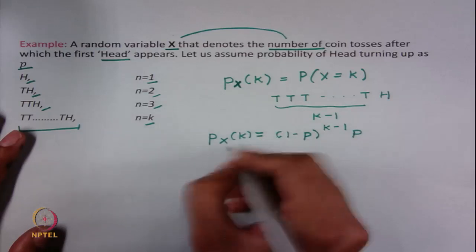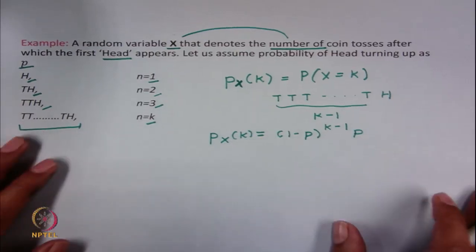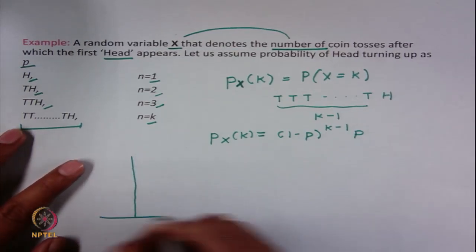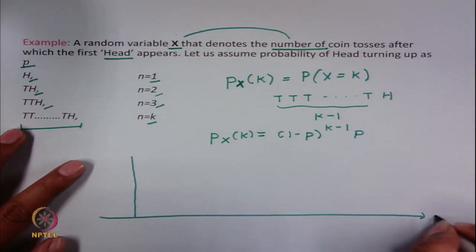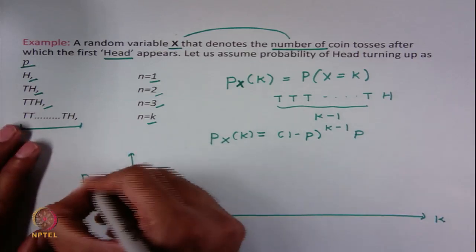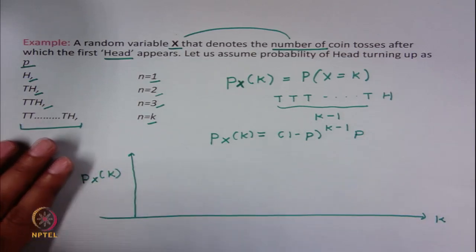This is the probability where X takes a value k, and it would be better if I draw this for you. On this axis I have k, and on this axis I have the probability mass function, and let us draw various points.